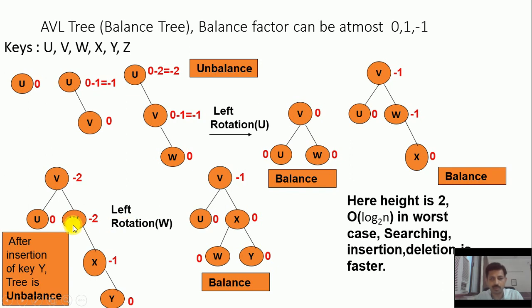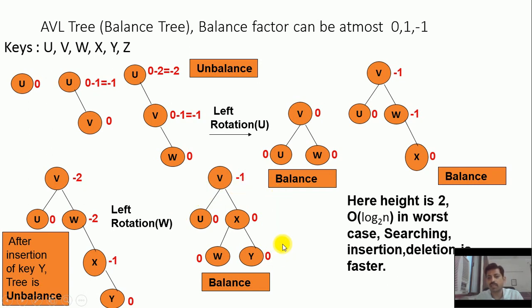The definition of left rotation is that the node W will become left child of its right child. So node W will be placed to the left of its right child X. You can see here that W is placed on the left side of node X. So now this is a balanced tree.